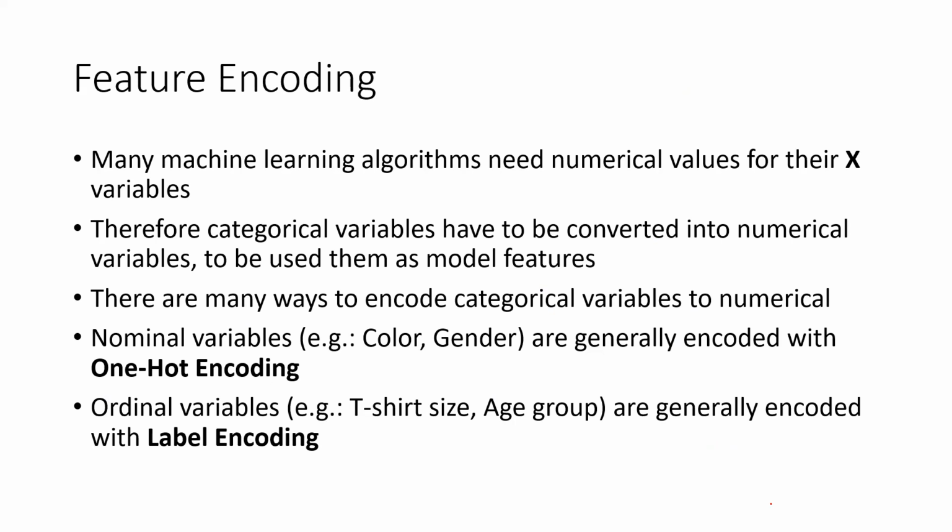And when it comes to feature engineering, another part is feature encoding. Feature encoding means, for a machine learning algorithm to understand a particular feature, if it is a categorical feature, it's difficult for the algorithm to understand, right?